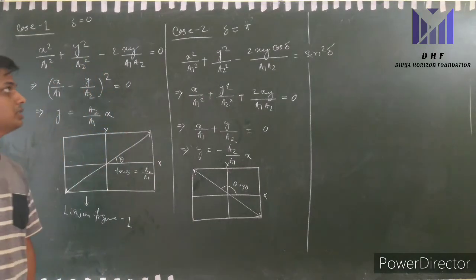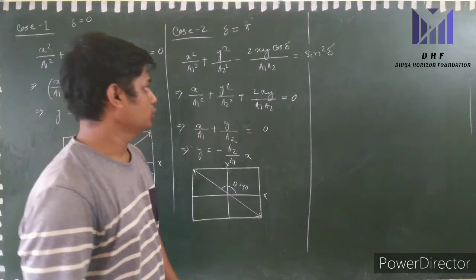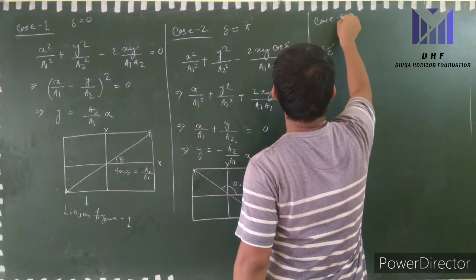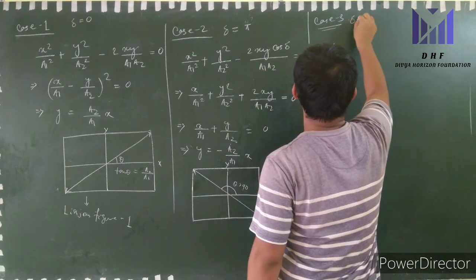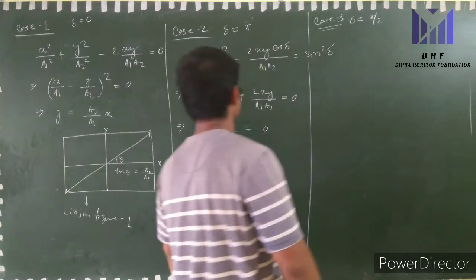Case 3 is when the phase difference between the two oscillators is pi by 2.